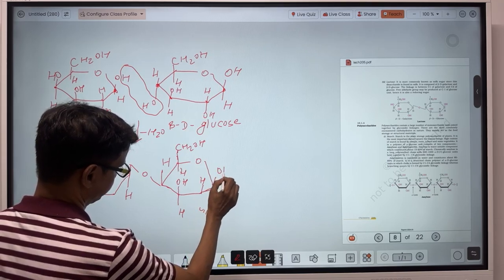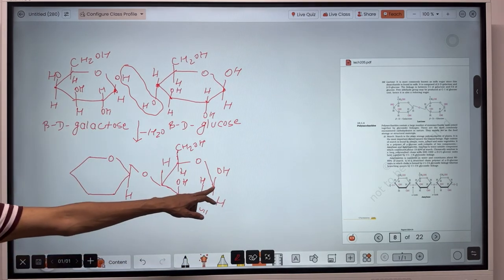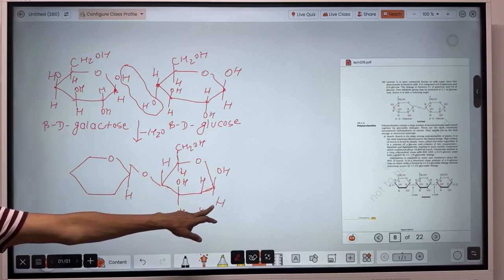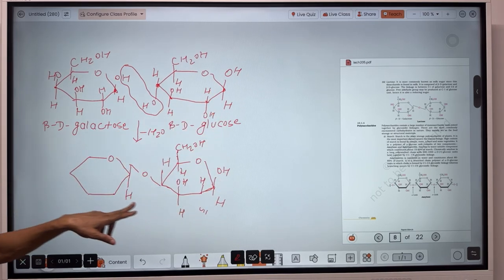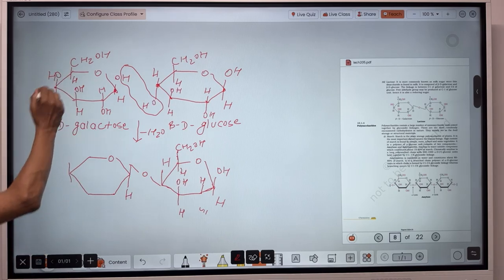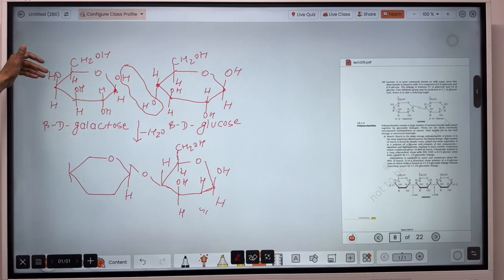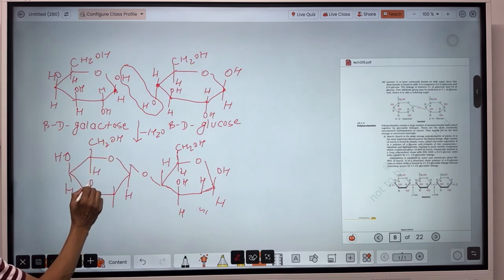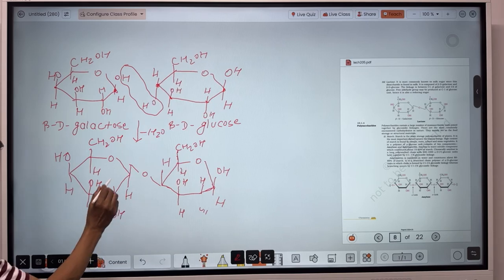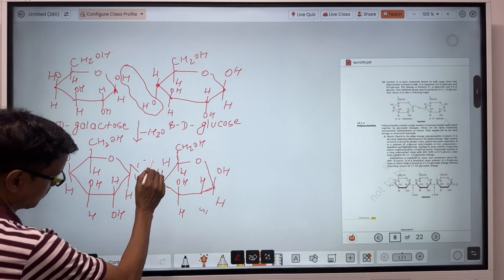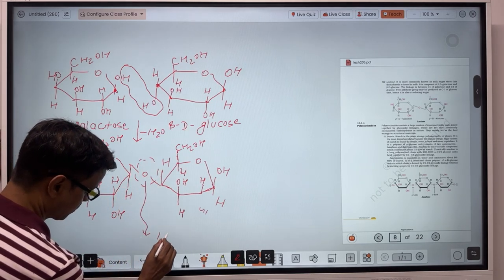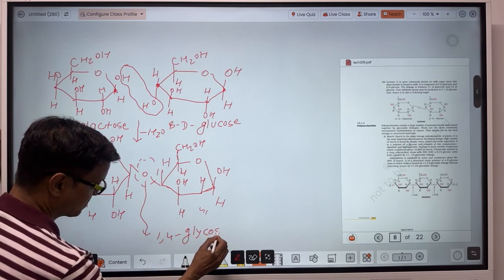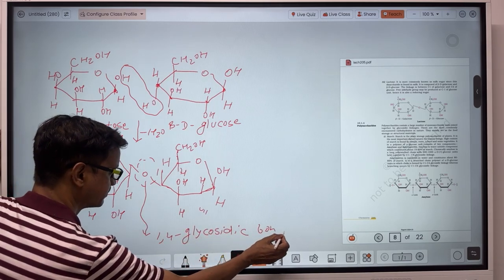I am again telling you, OH is above because it's the beta glucose. Here, same structure. The difference is OH above for galactose, and OH below for glucose. So OH above, hydrogen, remaining structure same. This bonding is glycosidic bonding. So it is 1,4 glycosidic bonding.